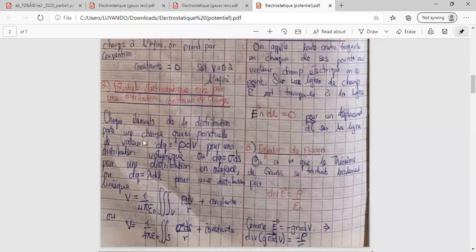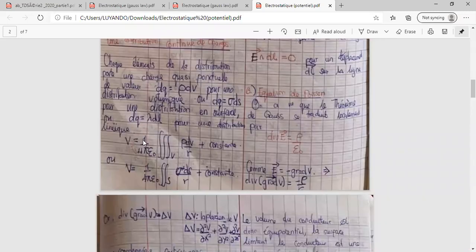V equals 1 over 4 pi epsilon 0 times this integral, representing that we're dealing with a volume, so we're integrating over volume. We're going to have dq here, and where there's dq, we put rho dv. I hope you know where the dq is coming from. Let me try to write it.